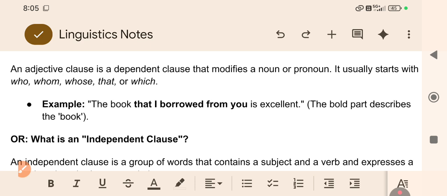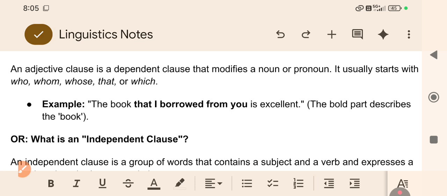Basically, in this way, clauses are classified into two categories: independent clause and dependent clause, or main clause or subordinate clause, right? So this is one category.